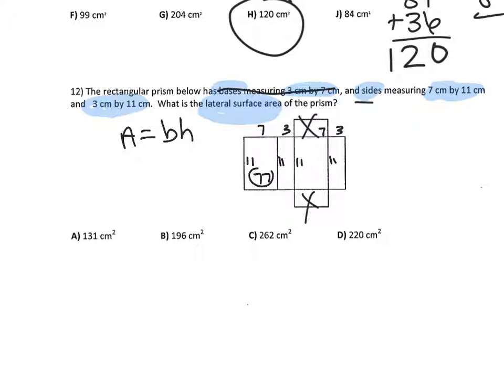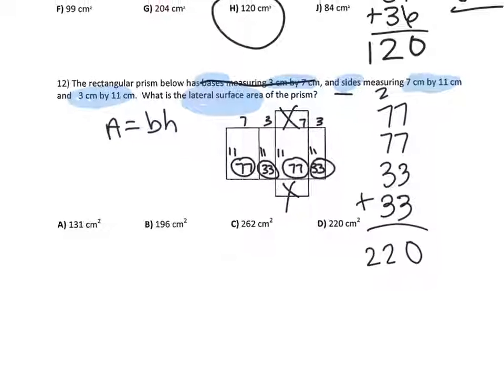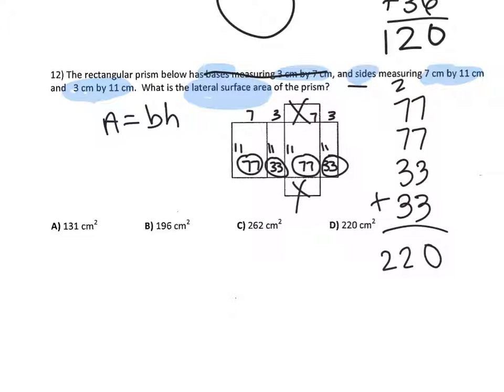So 77. Then adding those up together. So 220.